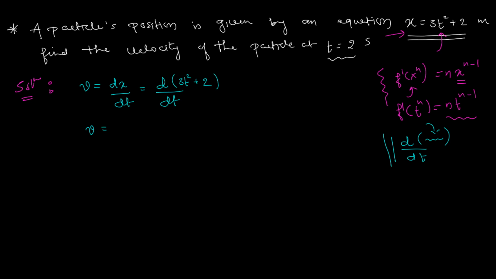Let's go with the equation of x given by just 3t squared, not plus 2. Forget the plus 2 part for now. So the position x depends on time like 3t squared, and you don't really have this plus 2 to worry about. So ignore that, forget that, right?